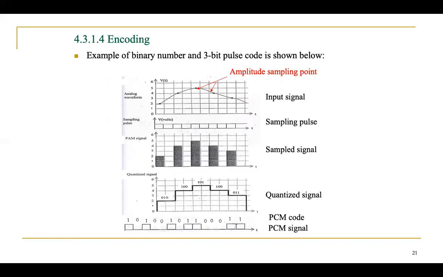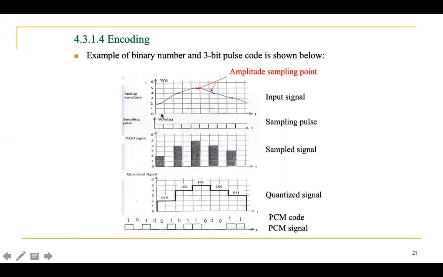Next, this is an example of binary numbers and a 3-bit pulse code. The first figure here is the input signal, the analog signal. This is the sampling pulse, and then this is the sampled signal, the PAM signal. You can see that the PAM signal measures the value in the middle here.